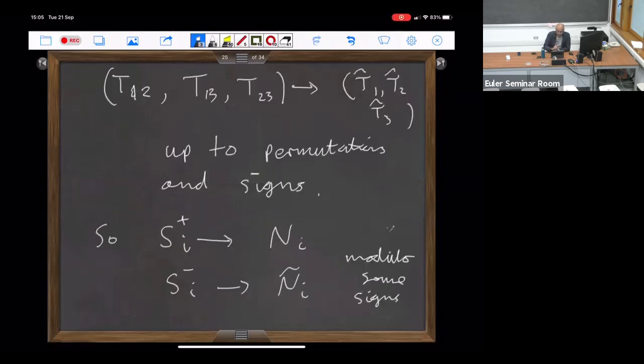And the remaining 3, the ones without a 4 index, become the rotation generators. The correspondence is 1-to-1, but there are signs and permutations to take into account. And you can verify which of these goes over to the T hats, as I was calling them in the conventional case, to match the notation there. So up to these signs, which you can work out for yourselves, S plus goes over to the n's and S minus goes over to the n tildes.